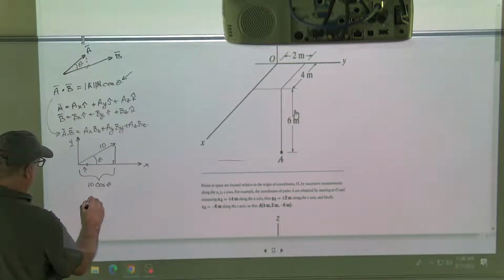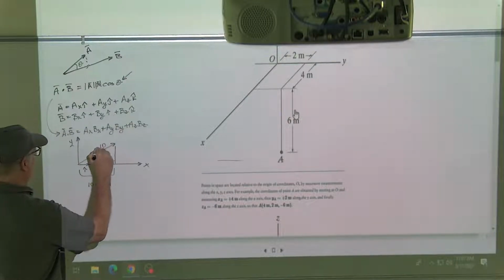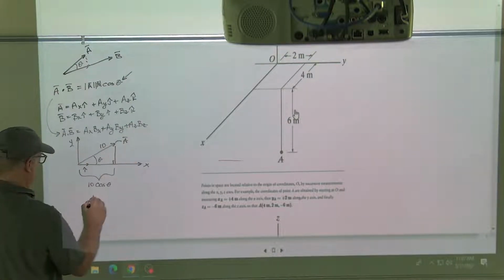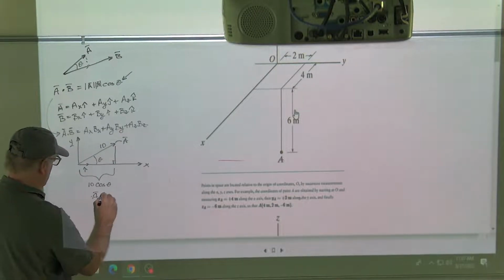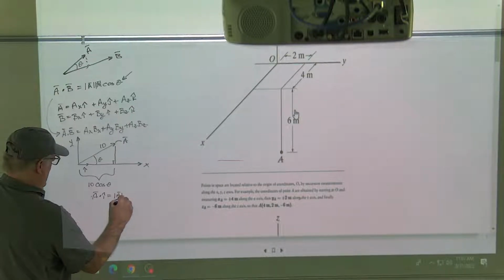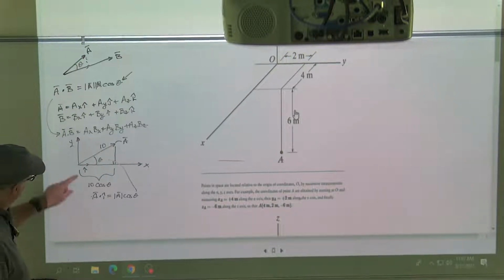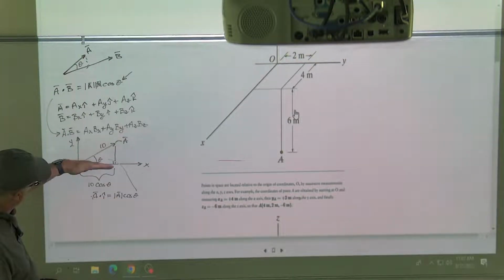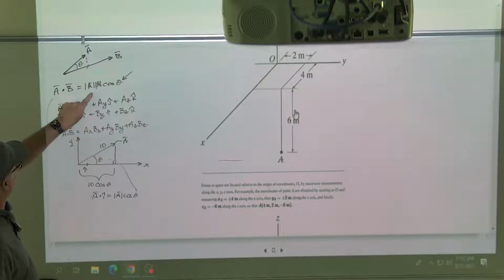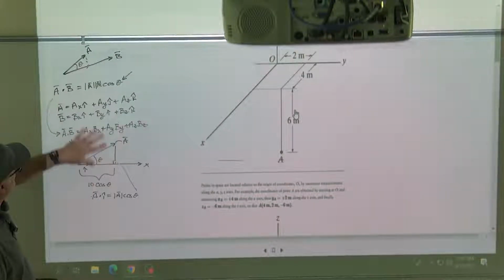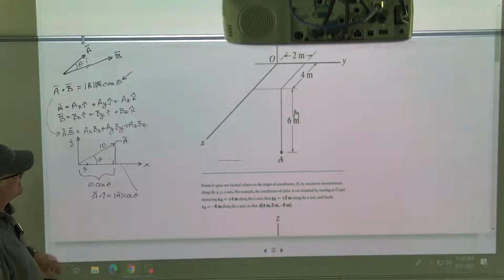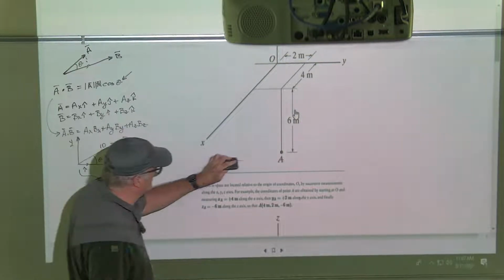In other words, this vector A dotted with I is equal to the magnitude of A times the cosine of theta. If you start thinking that way, you realize so much of my life actually revolves around this, and I don't have to remember some other things. That's why this is beneficial for going on from here.